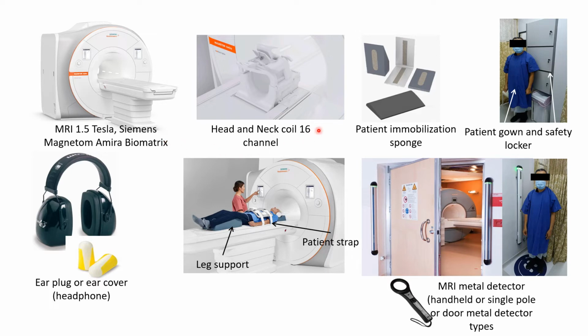Head and neck coil 16 channel, patient immobilization sponge, patient gown and safety locker, earplug and ear cover or headphone, patient leg support, patient strap, MRI metal detector, handheld metal detector, single pole metal detector, and door metal detector.